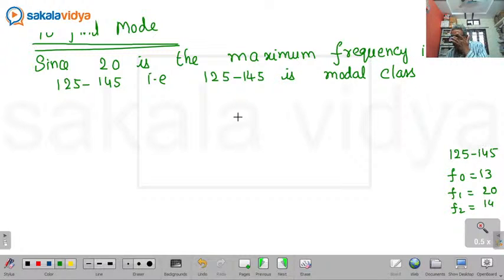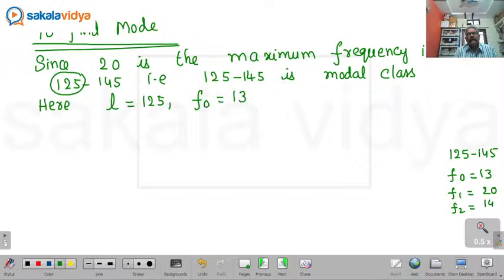So we have determined the modal class. So here L equals the lower boundary of the modal class, 125, and F0 is equal to 13. F1 is the frequency of the modal class, F2 is the frequency of the class succeeding the modal class, that is 14. h equals 145 minus 125, which is 20.